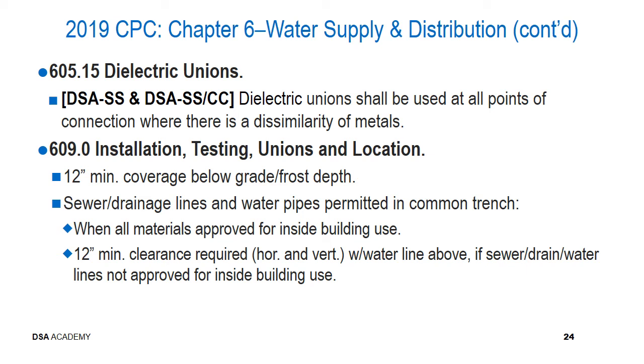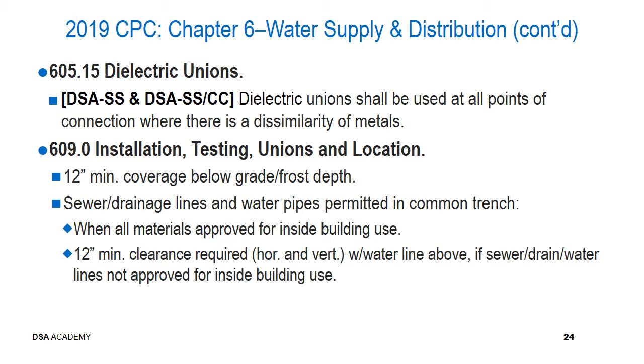Sewage and drainage lines and water pipes are permitted in a common trench with the provision that all of the pipes used for the sewer and the water transmission are approved materials for use above ground inside of a building.